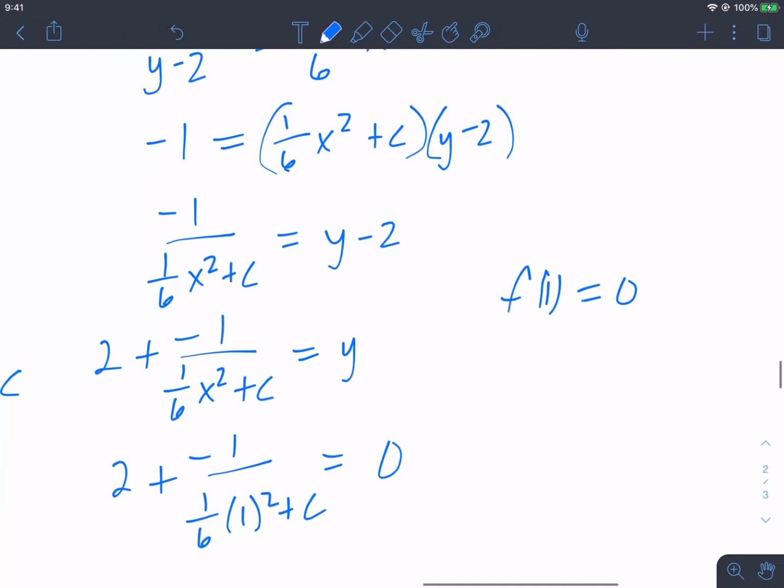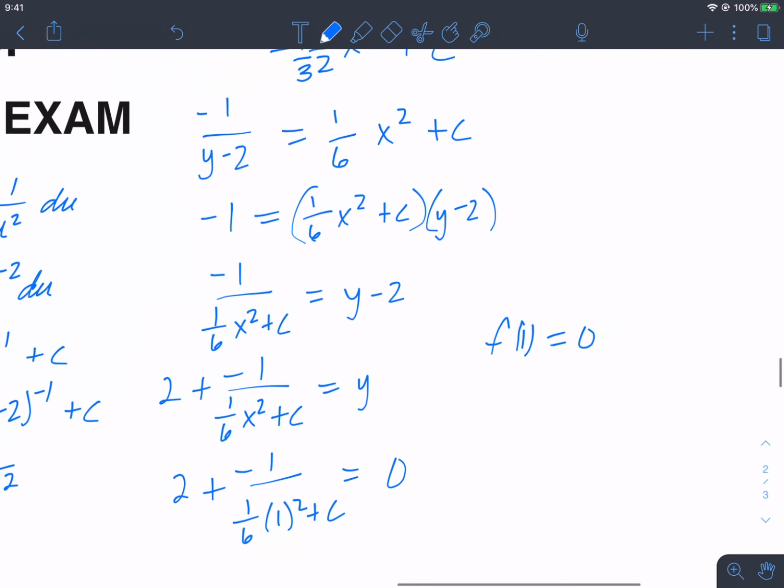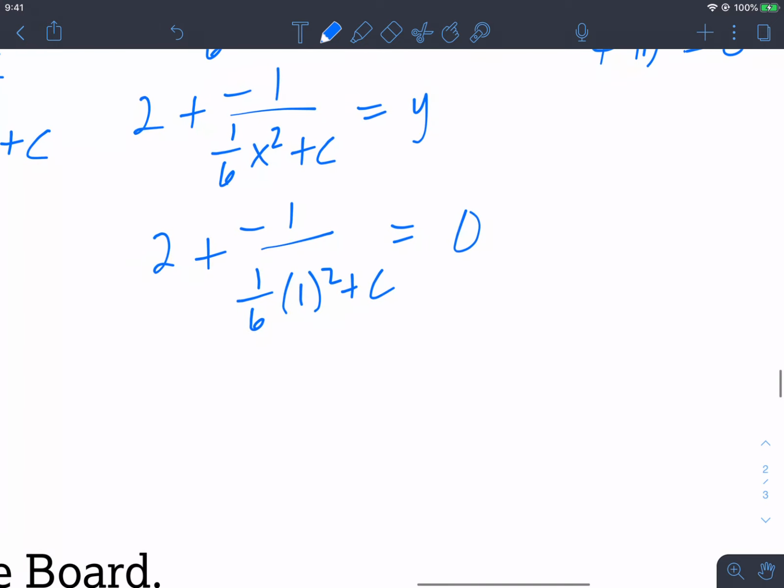You could have done this step anywhere in the problem, after you found your antiderivatives. You could have done it at any line. It depends on which one you think would be easier. I wait until I get the y by itself and then plug it in, but it's up to you. So negative 1 over 1/6 plus c.